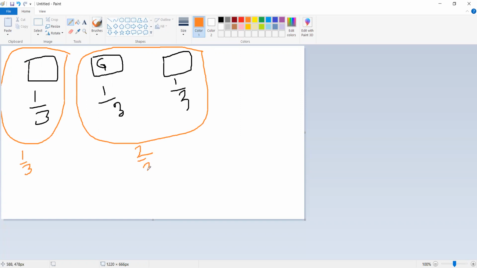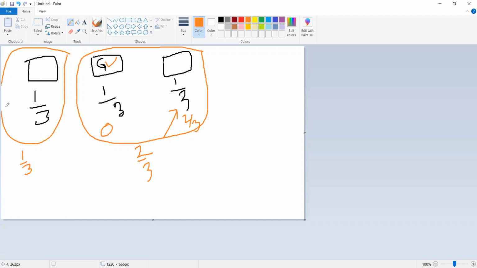Now, if I open and show you that this is a goat, the probability of this door is 0 now, correct? Because you know that it is a goat, you can't win. So now the entire 2 by 3 probability goes to the other door.